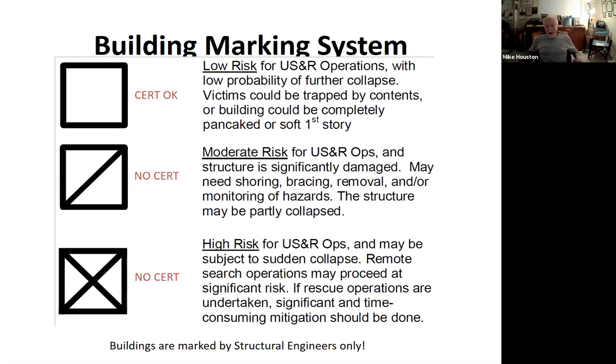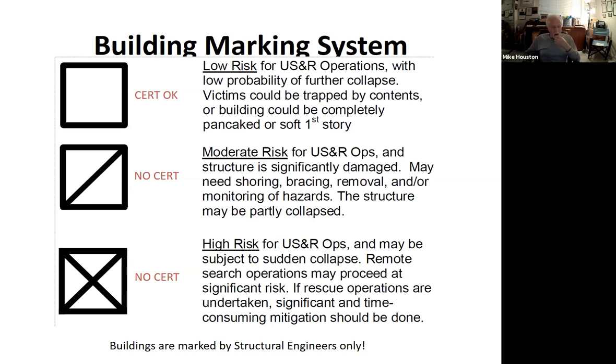That doesn't mean we can't do something. We can still do a 360. We can still call out. We can still make sure that our team stays safe. Don't get caught somewhere where there's going to be debris that could harm you. Don't do your 360 in the collapse zone.